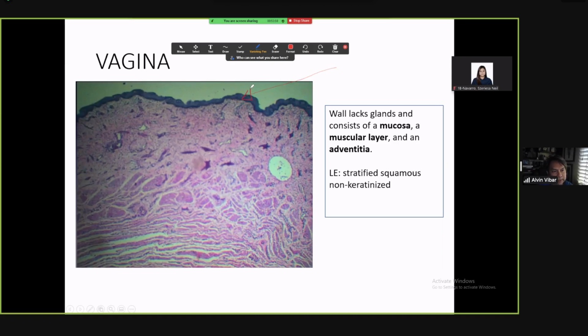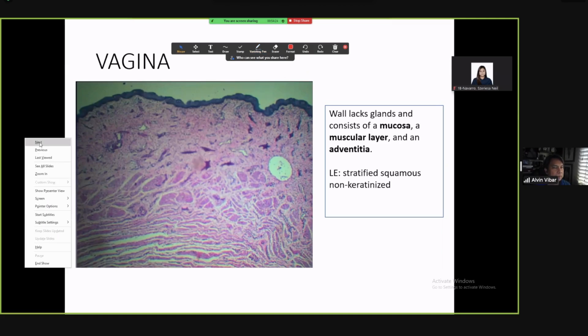So isa lang naman pinakita namin sa inyo yung stratified epithelium. Okay? Stratified squamous epithelium. And that will be the slide, the organ of vagina. Stratified squamous, non-keratinized. You have to include this one if we ask you for the lining epithelium of the vagina specifically.